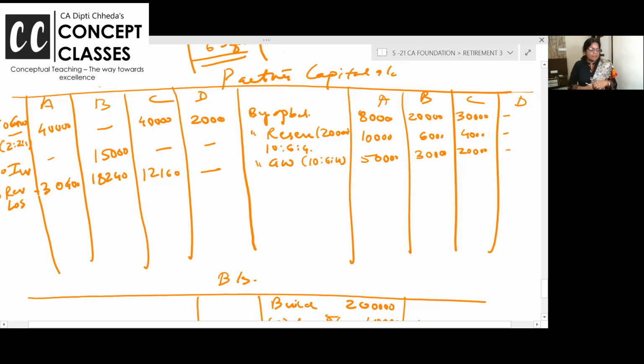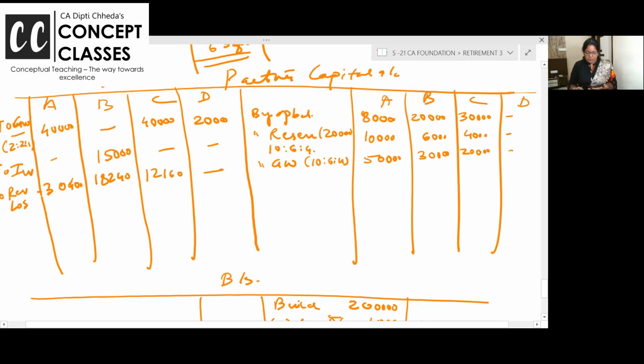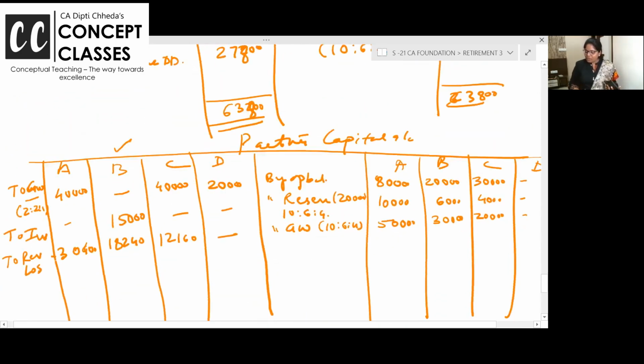A, B, C. Done. So partners capital account is over.